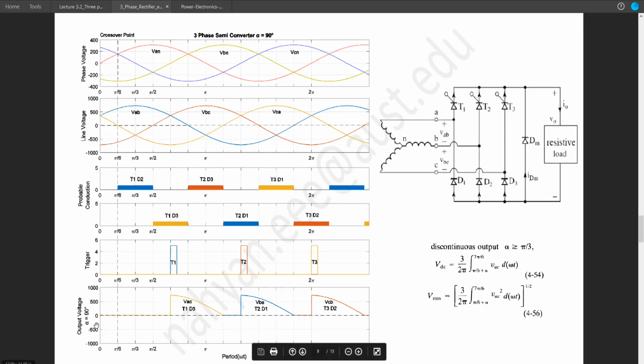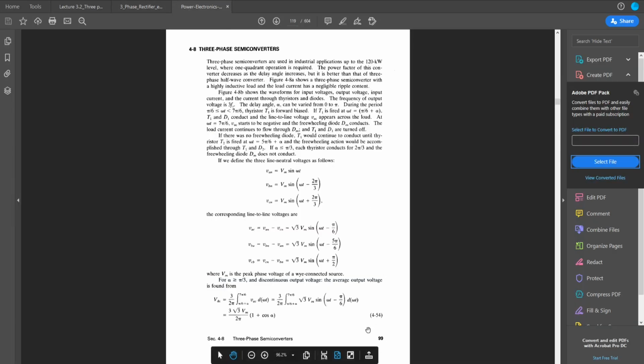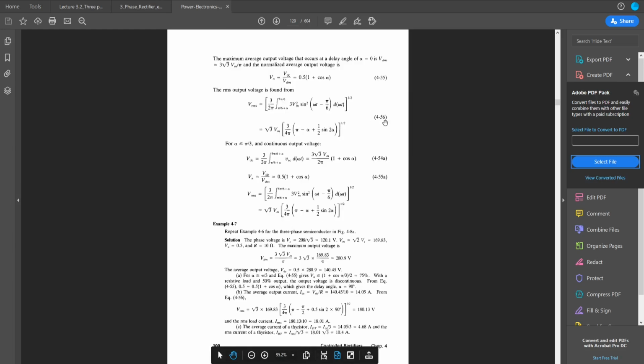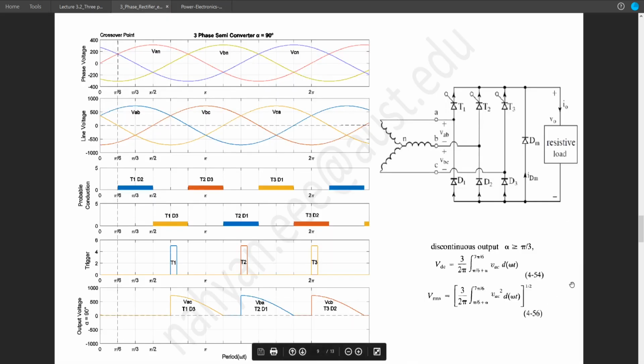So the limit will be 120 to 210 for this example. Same thing will happen for VRMS, and these formulas are elaborated in this book, page 99, 4-54 and 4-56. So these are the same equations.